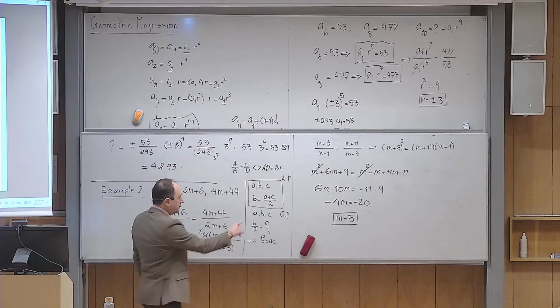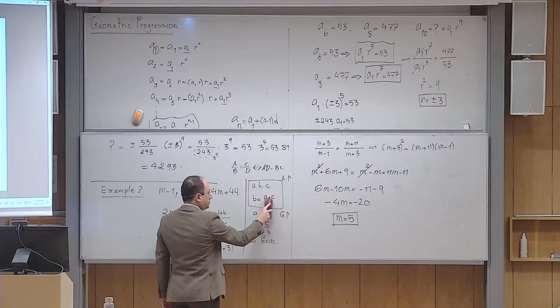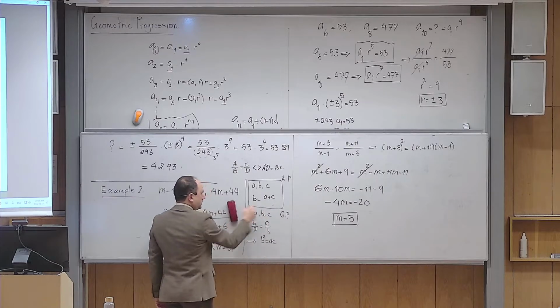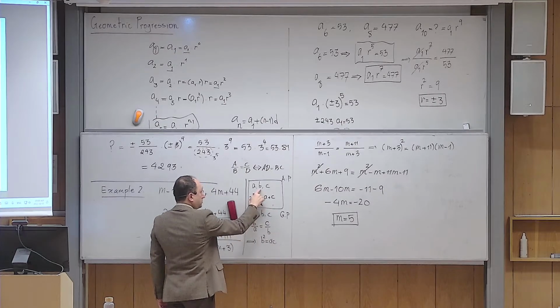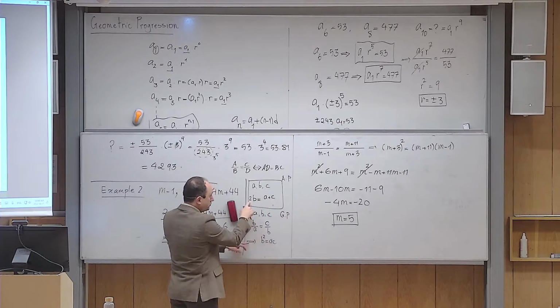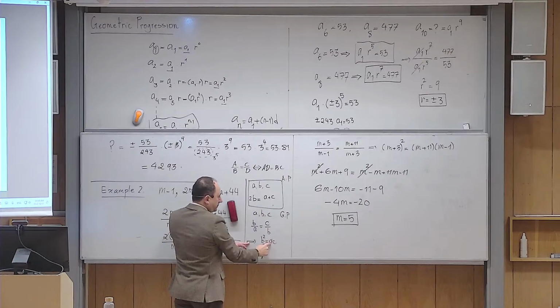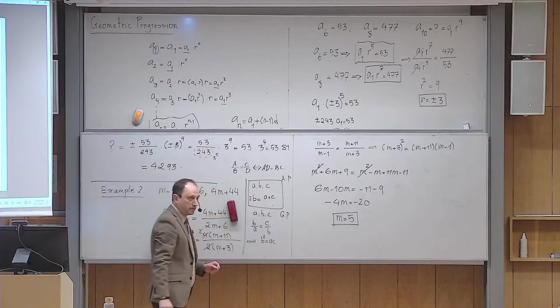So here, if you want, I can change this a little bit. I multiply everything by 2. Then this becomes 2 of the middle one. 2 times the middle one is this one plus that one. But here what is happening, instead of 2 times B, I will have B squared. And instead of A plus C, I will have A times C.